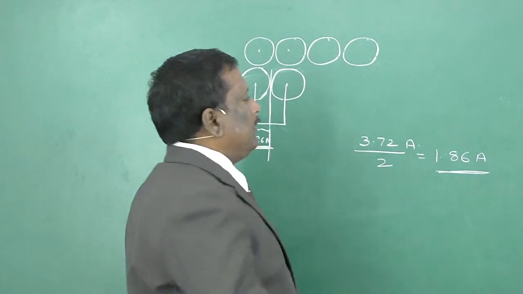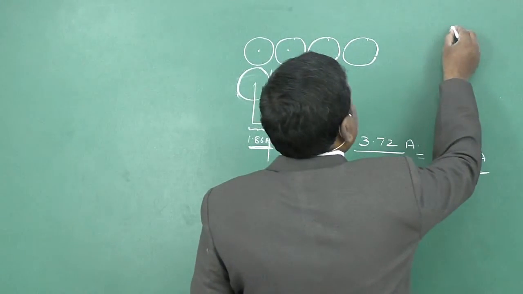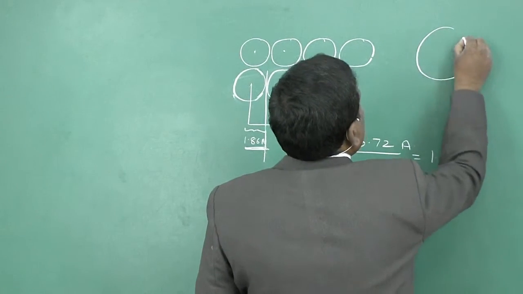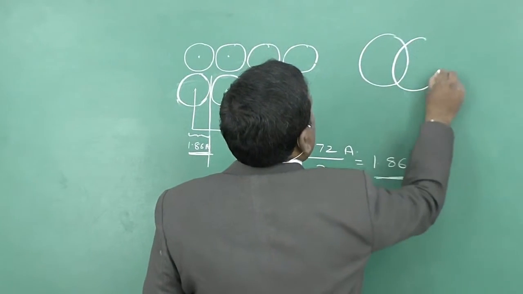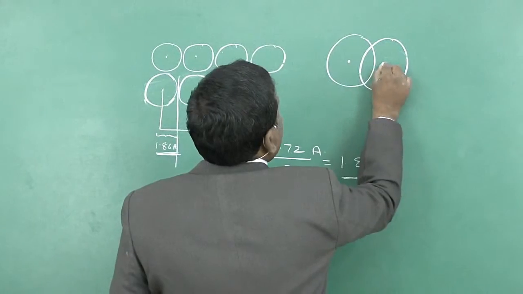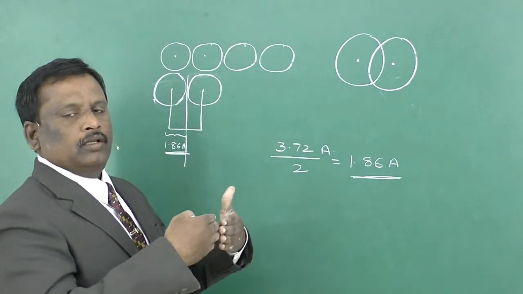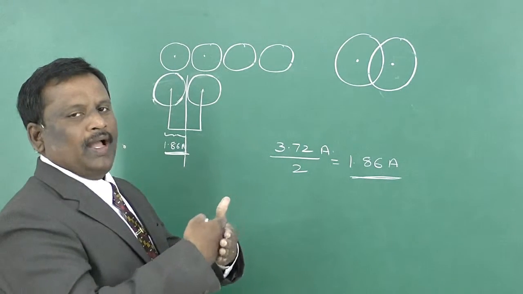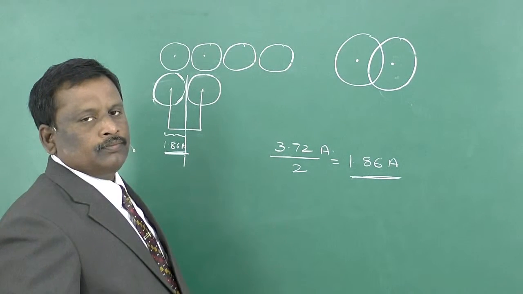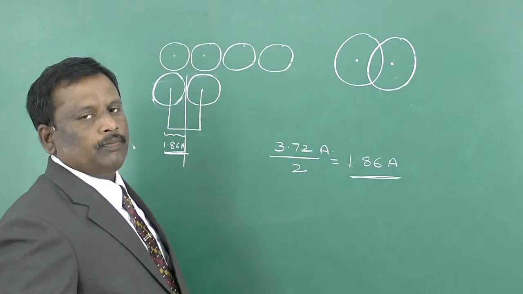Similarly, in a Cl2 molecule, two chlorine atoms are bonded with a covalent bond. So there will be an overlapping between the electron clouds of the two atoms. That bond is said to be a covalent bond.